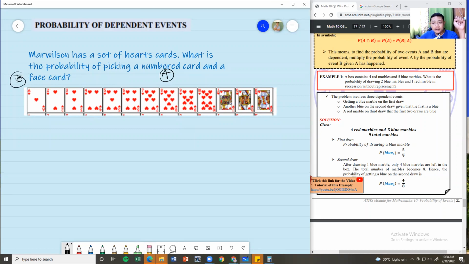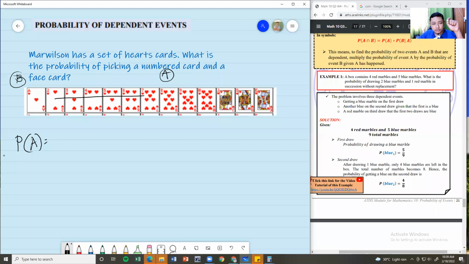First, let's identify the probability of picking a numbered card. The probability of picking a numbered card is what? Of course, that's the first pick. Type it in the chat box, please.